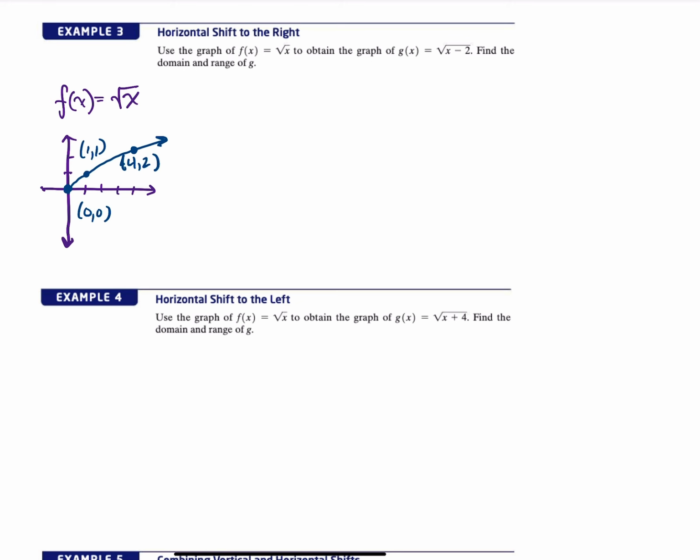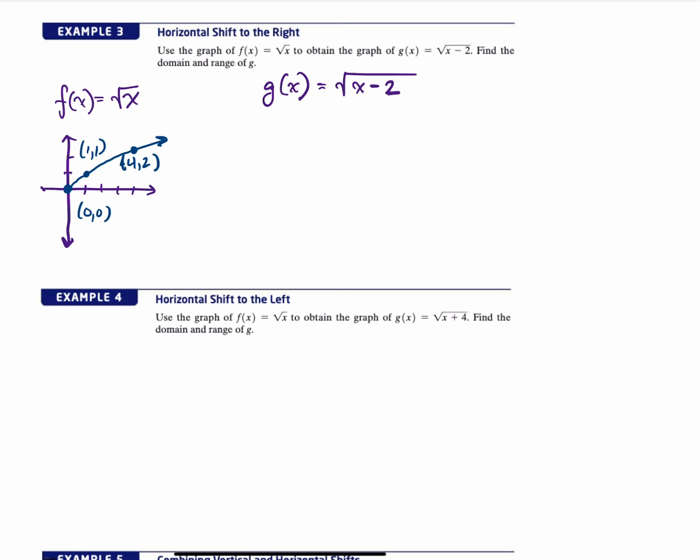All right, so with that in mind, let's graph our actual function, g of x being the square root of x minus 2. I see 2 is being subtracted from x.